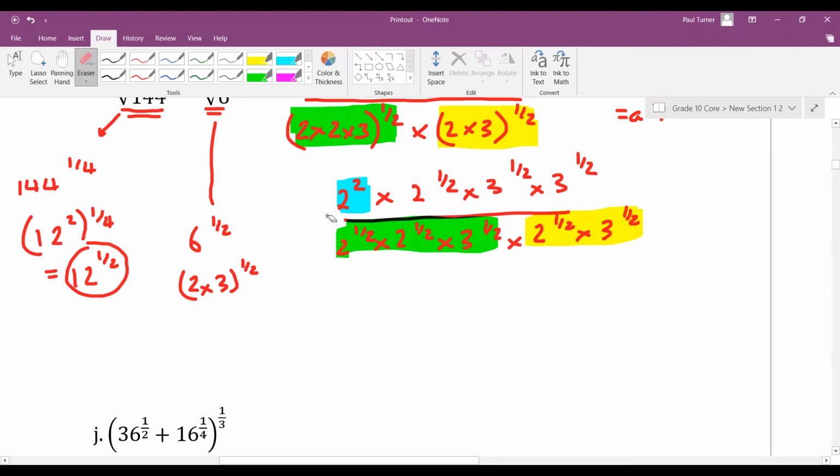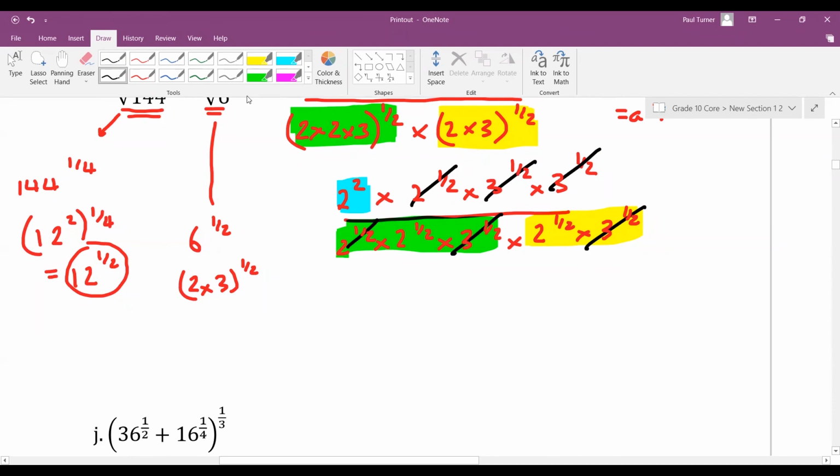Okay, so then we look at what can we cancel. Is there anything that can cancel out? So 2 to the half, 2 to the half. What about 3? 3 to the half, 3 to the half. 3 to the half, 3 to the half.